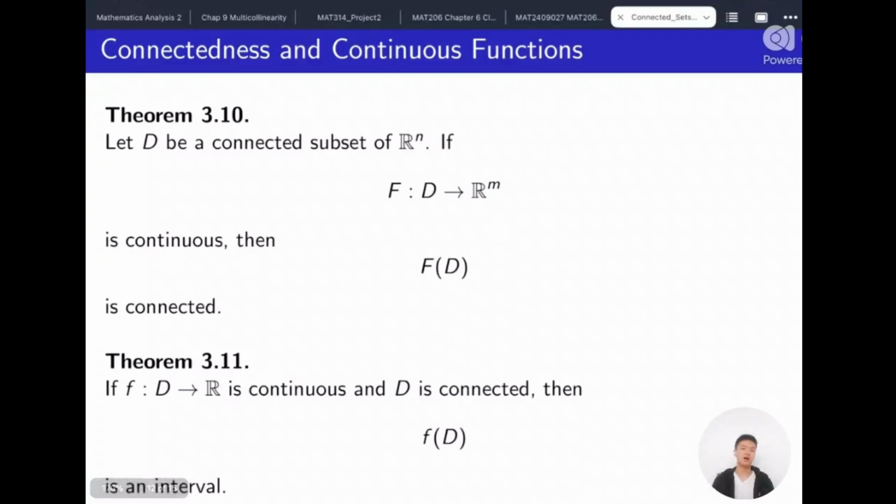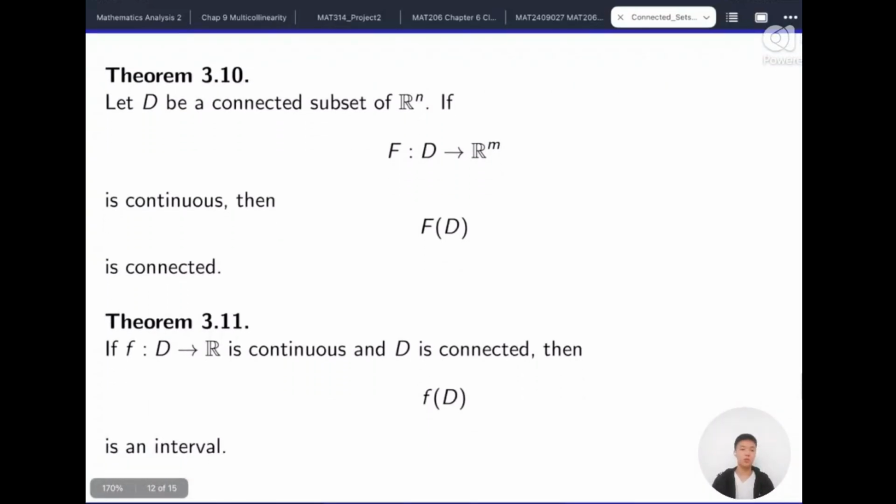And here are another 2 theorems, which are also important. Theorem 1 says that for a continuous function f, if the domain is connected, then the image of that domain is also connected. So what's the idea of the proof? We prove it also by contradiction. We can assume the image is not connected.